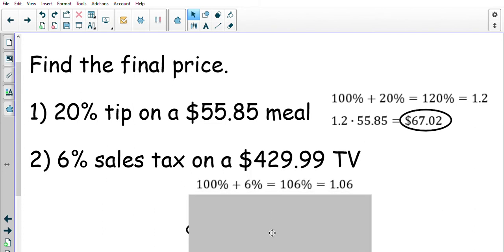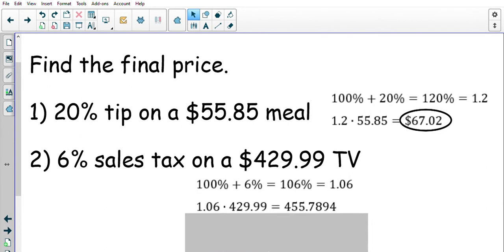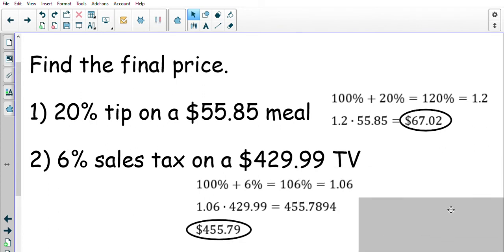We do 100% plus 6% is 106%, or 1.06. Multiply that by the $429.99 and we get 455.789. So the 78 cents rounds up to 79 cents. So we get $455.79.